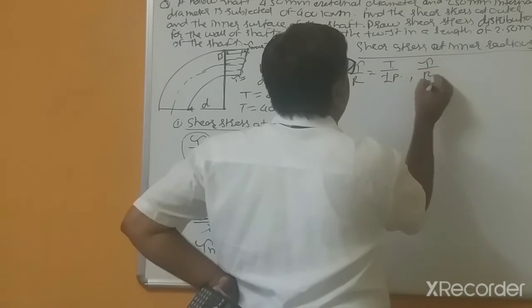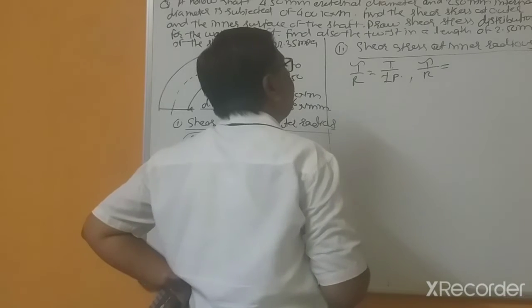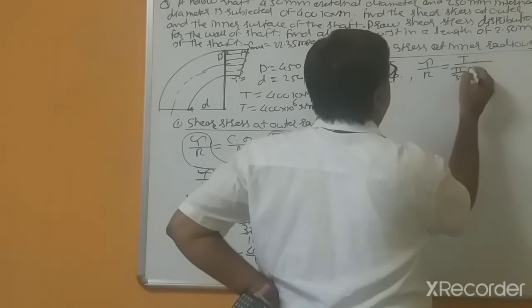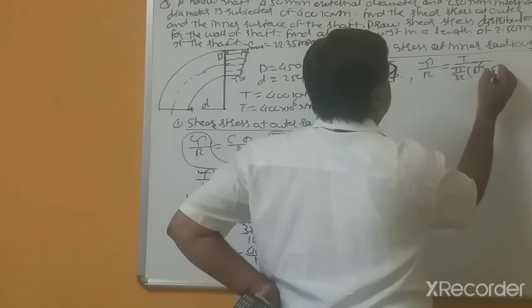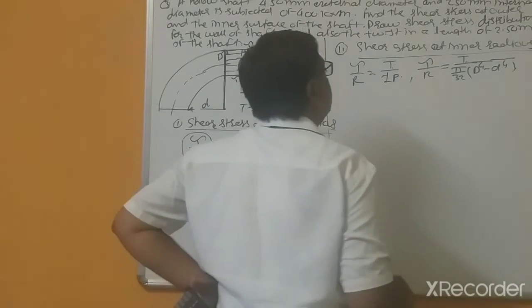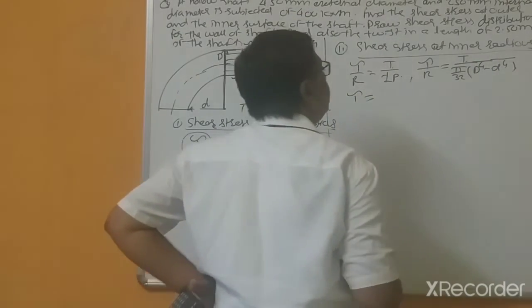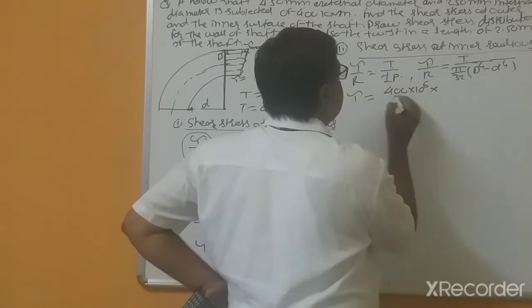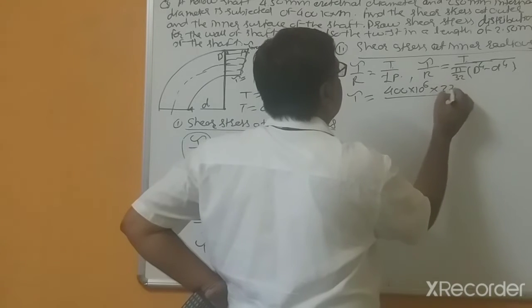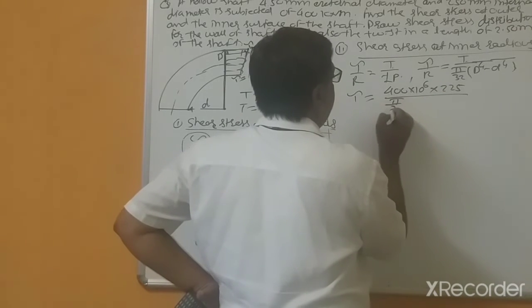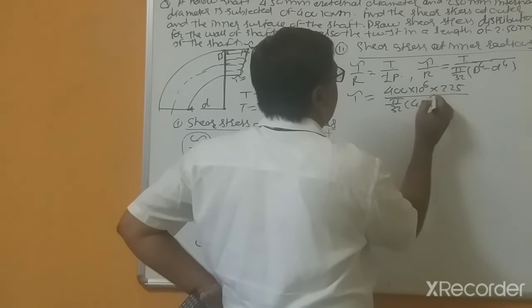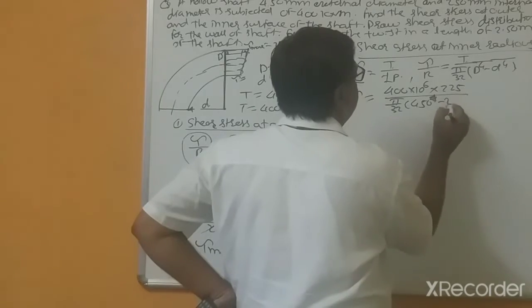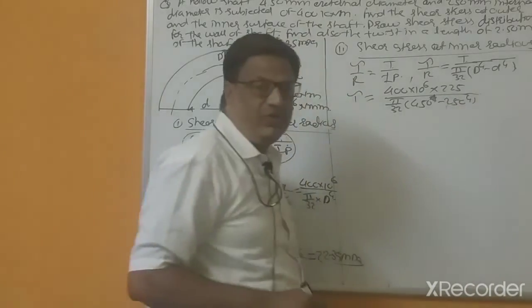So tau divided by R equal to T divided by pi by 32, capital D raised to 4 minus small d raised to 4. So tau equal to 400 into 10 to the power 6 multiplied by radius 225, divided by pi by 32, 450 raised to 4 minus 250, I think, raised to 4. Try to understand this.